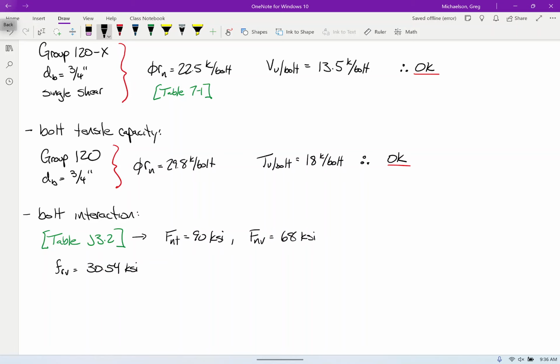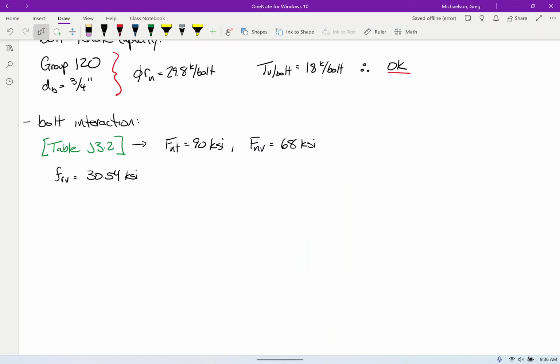Okay. So, what I'm going to do is I'm going to compute a new FNT, an FNT prime. So an FNT, it's going to be reduced from this, probably going to be reduced from this based on the presence of shear. Okay? And we'll talk about whether or not we could predict if interaction was a problem here in a little bit. Okay, so minimum of.